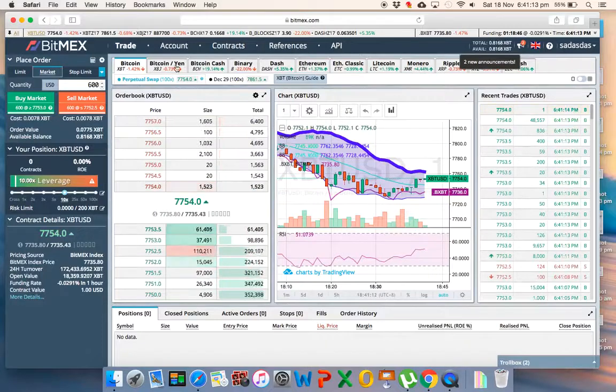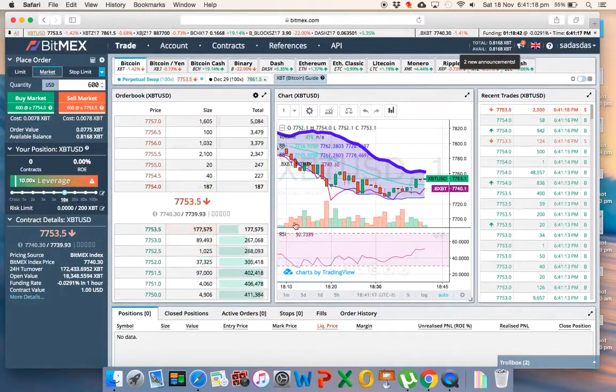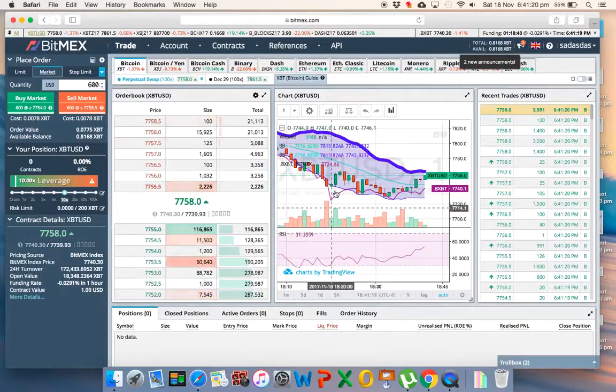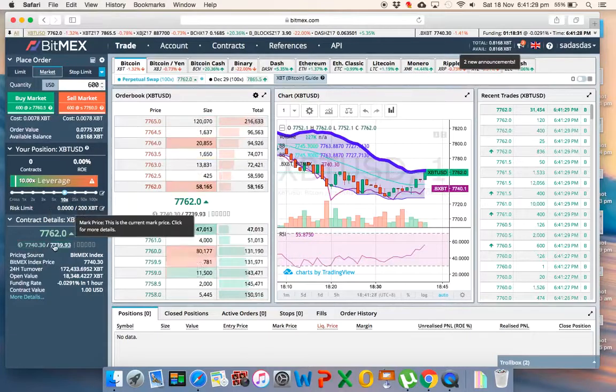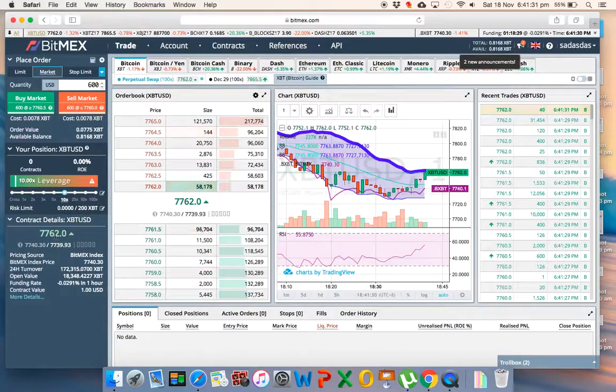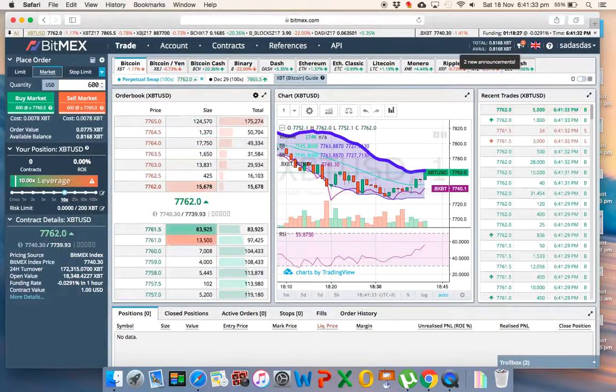Okay, so to start off, you look at this middle section. That is basically the price of the Bitcoin contract. If you realize, the price is not equivalent to the Bitcoin price. For example, the Bitcoin price is now at around 7740, 7739, but the contract is worth 7762.